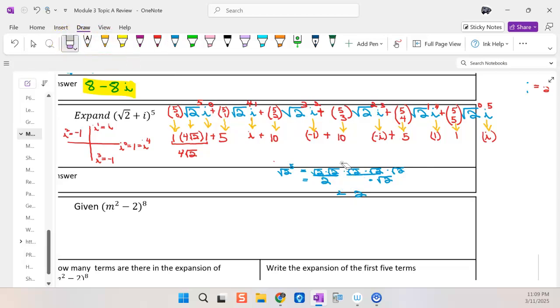All right, now √2 to the fourth, well, that would be 4 of these. Each pair turned into a 2. So that's just 2 times 2, or 4. Okay, so those three terms together, that's going to be 20i. Okay, now root 2 to the third.